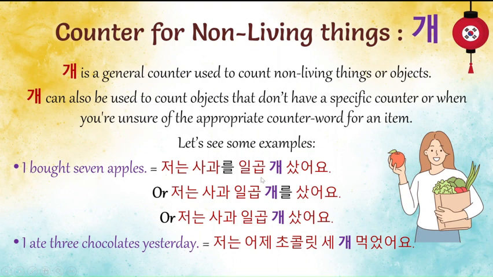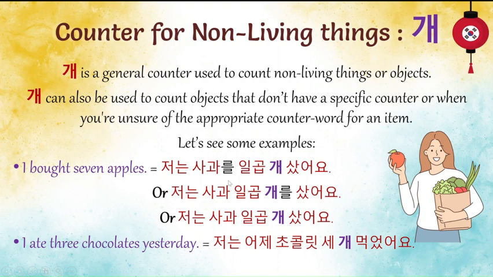저는 사과를 7개 샀어요. One more way is, you can place this object marker or particle on the counter word. Okay, this is also acceptable. 저는 사과 7개를 샀어요.